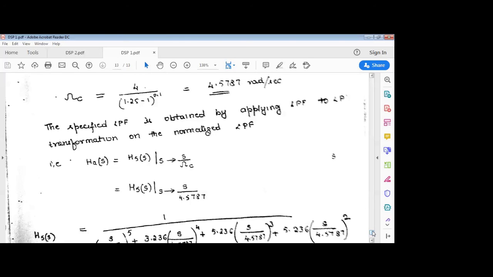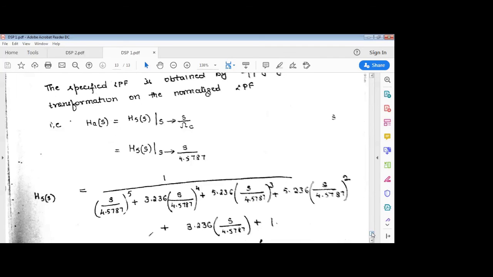For that, referring to your table, in the transfer function we obtained earlier, referring to the low pass to low pass transformation, I have to replace my s by s over omega c, which is a standard procedure.